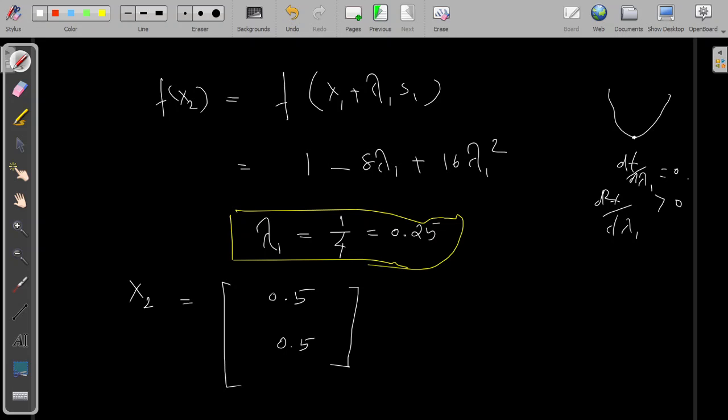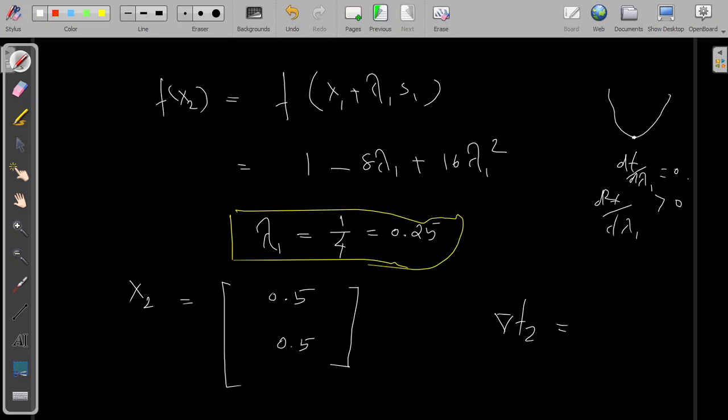Now we will examine whether we can stop here, or whether we have to proceed to new base points like x3, x4, x5. In order to find that, we find the new direction s2, and for that you have to find the gradient of the objective function at the point x2, denoted by del f2.